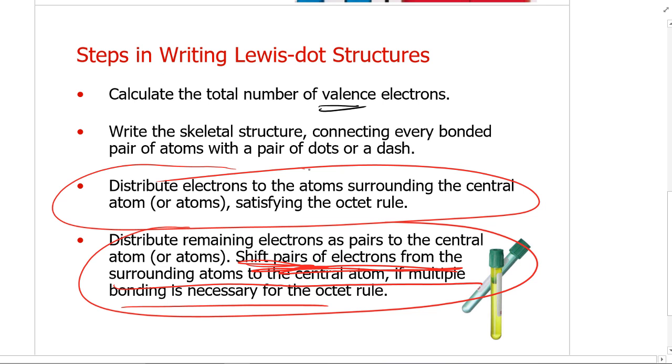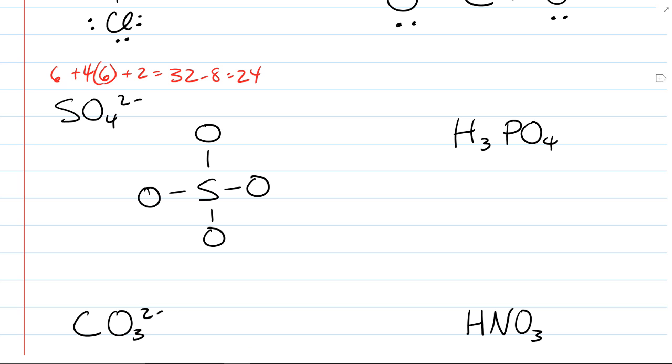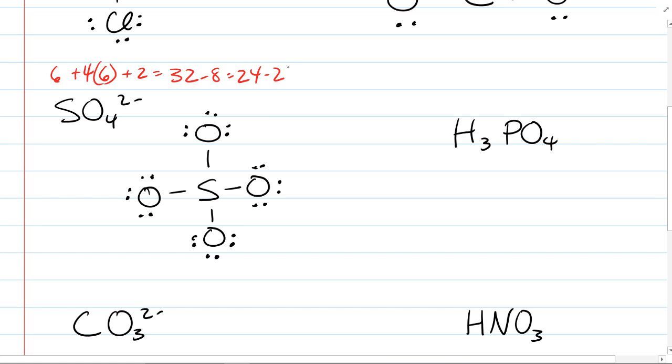The next step says we distribute the electrons to the surrounding atoms. So we come back in here and put in 2, 4, 6, 8, 10, 12, 14, 16, 18, 20, 22, 24. We've used up all 24 and have none left to go. We take a quick check on sulfur: is sulfur satisfying the octet rule?